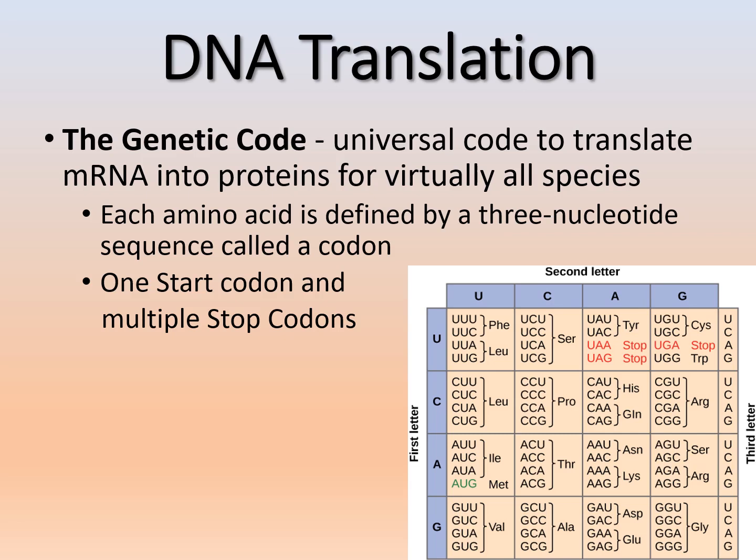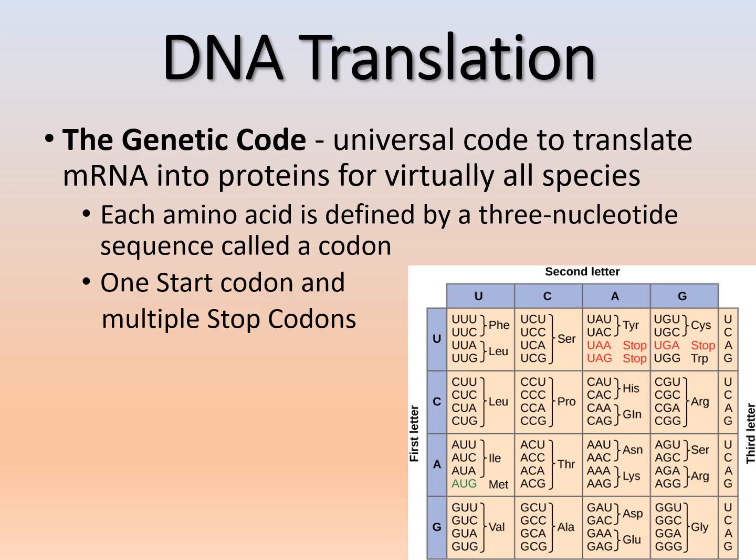And we do have one start codon, so that's not in this table, but you can look it up. So we do have one codon that actually says start, right? So it doesn't actually encode for an amino acid, but it says this is our start. And then you have multiple stop codons.